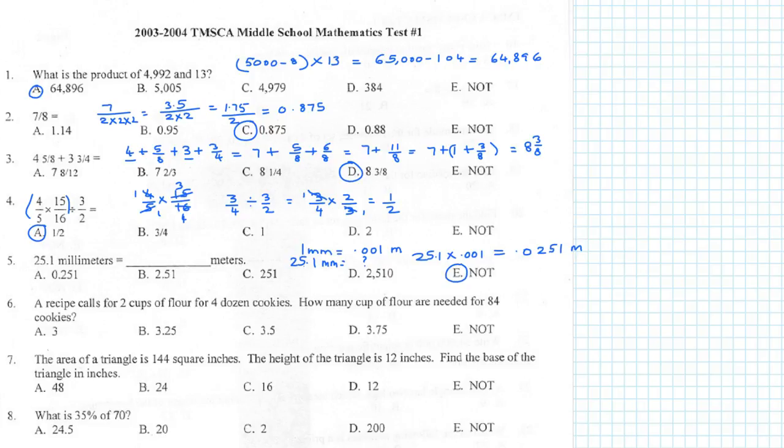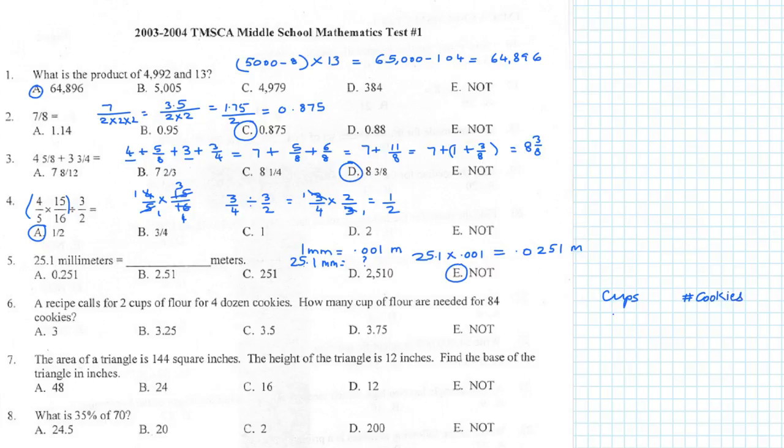Question 6. A recipe calls for 2 cups of flour for 4 dozen cookies. How many cups of flour are needed for 84 cookies? So here we have cups of flour, and then here we have the number of cookies.